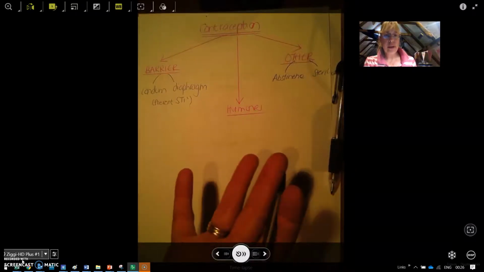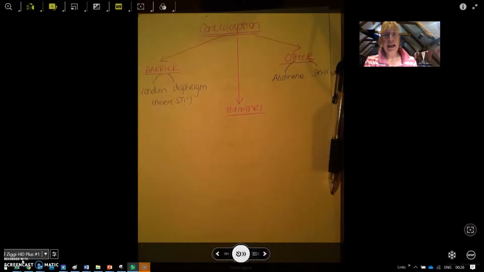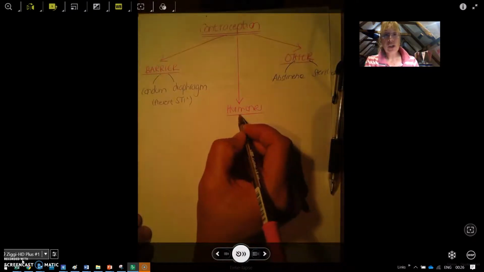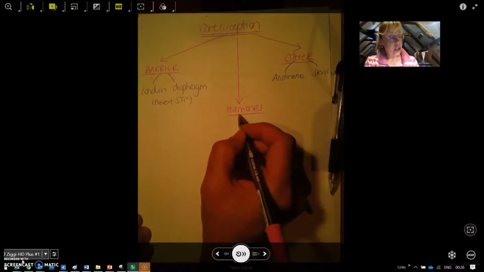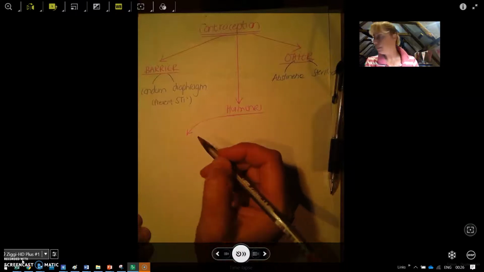Now they control the menstrual cycle, but they also can prevent you from becoming pregnant. So let's have a look at an estrogen-based pill.